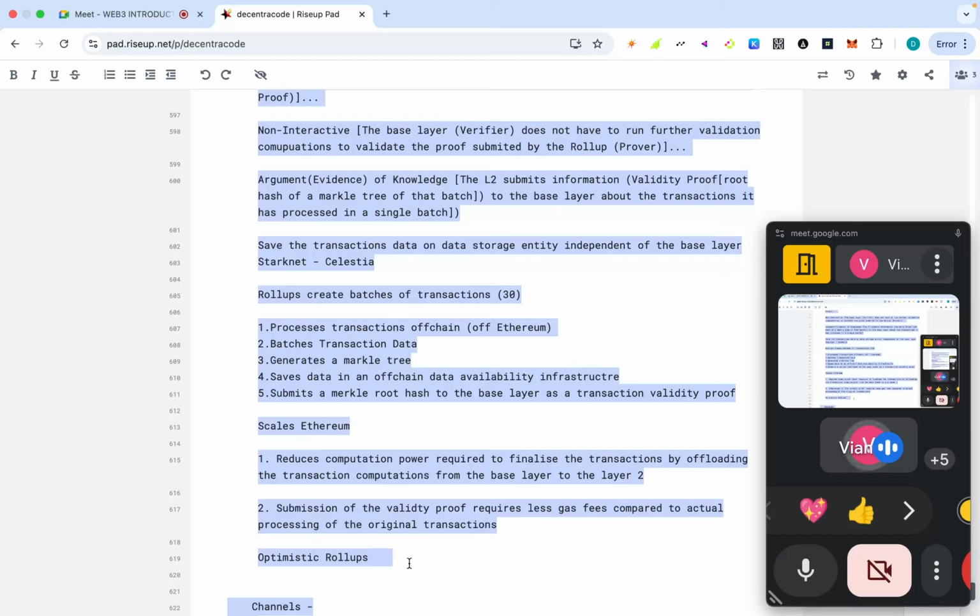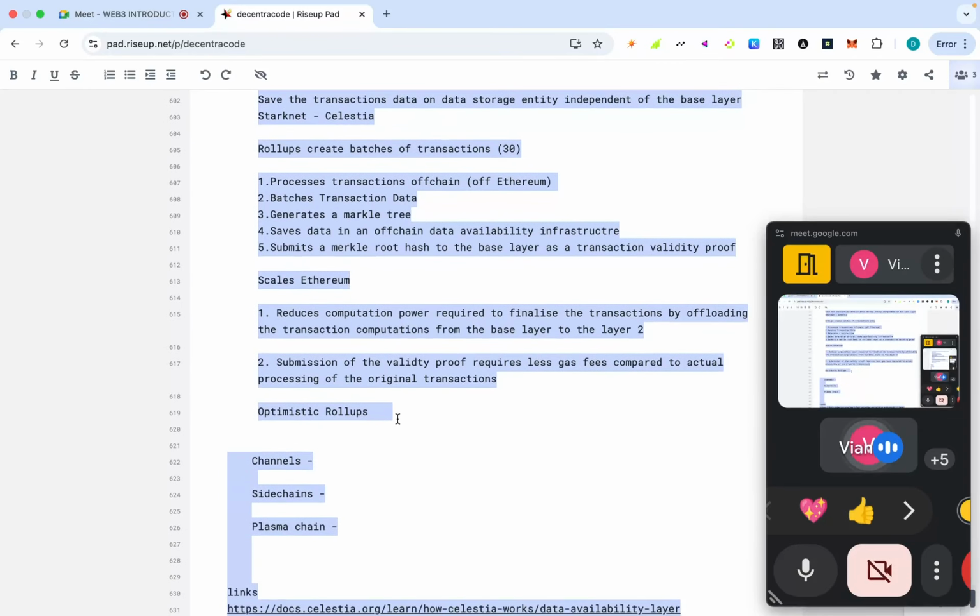Because the data that proof validates exists somewhere securely in a decentralized storage, and as well, information about that proof also exists on the layer 2. I hope I made some clarity there on ZK snarks as rollups.